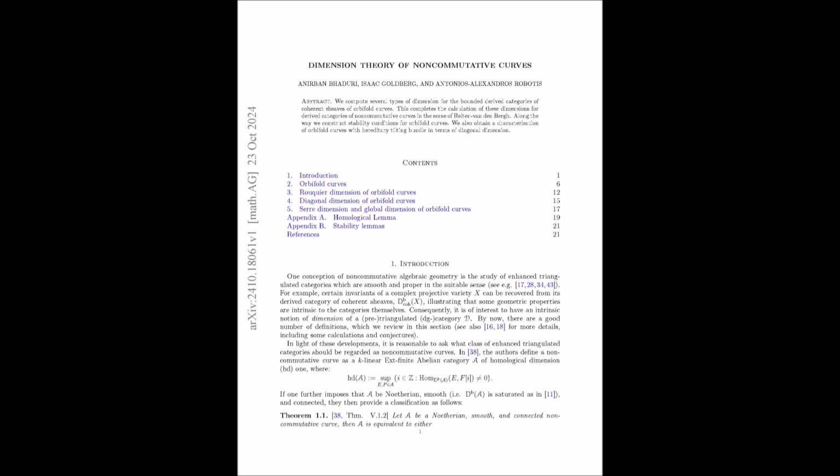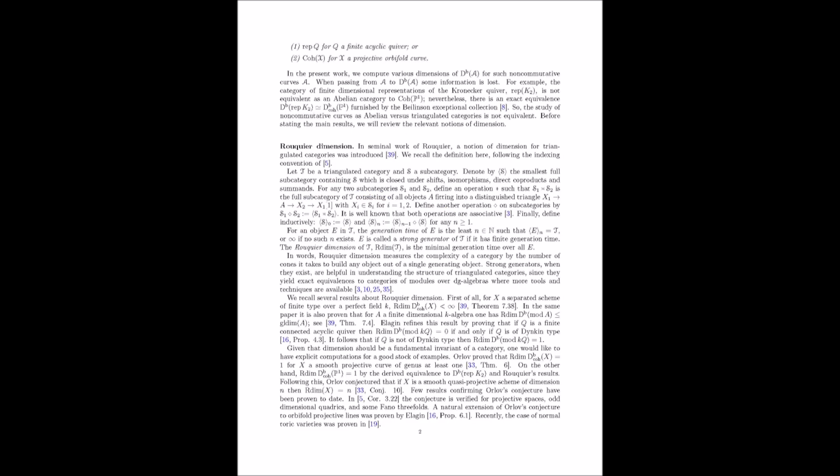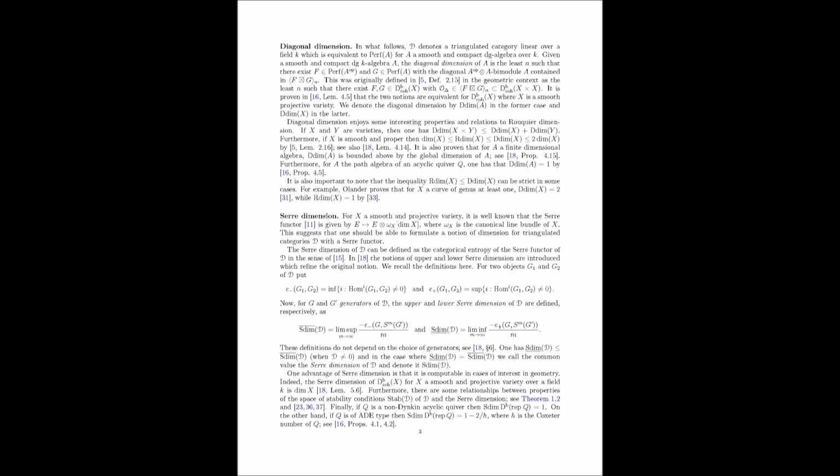Can we walk through the key ideas of the proof? I know it's quite intricate. Of course. They start by cleverly adapting a result from Orlov, which states that if the diagonal dimension is 1, then the diagonal object must be a summand of a cone of vector bundles of a specific form. And then they show that if the degree of the canonical bundle is non-negative, this scenario leads to a contradiction, right? Exactly.